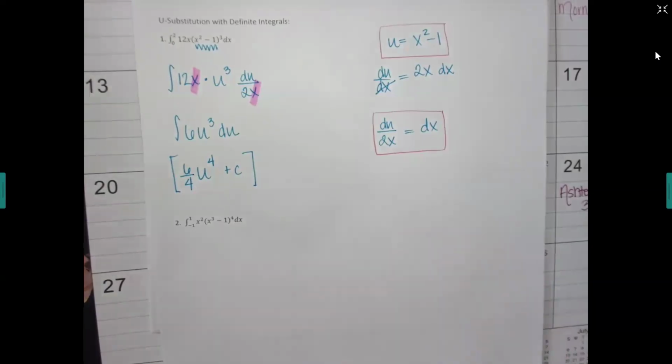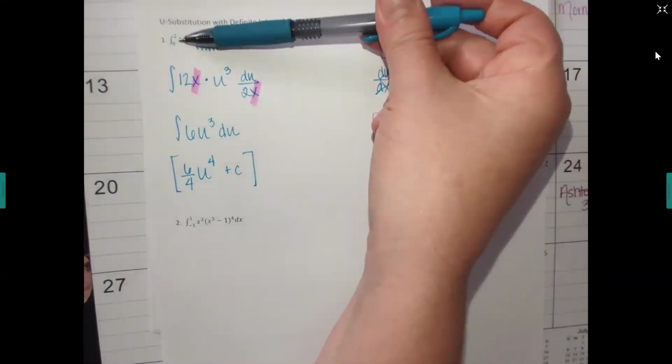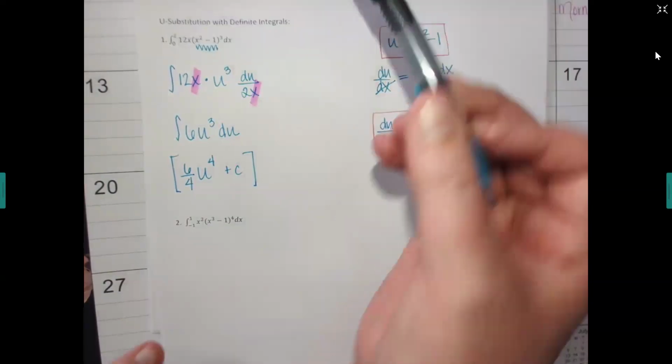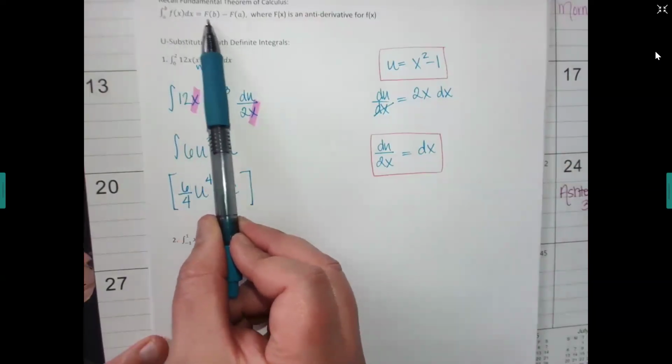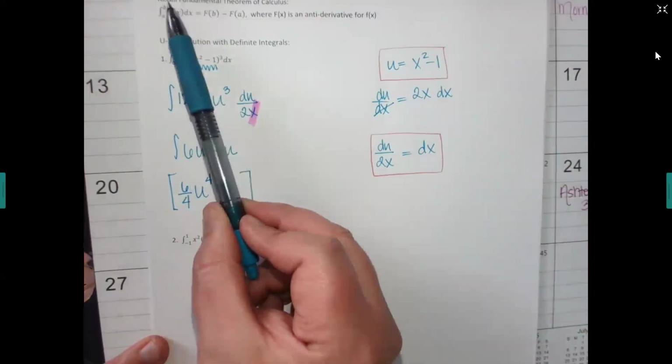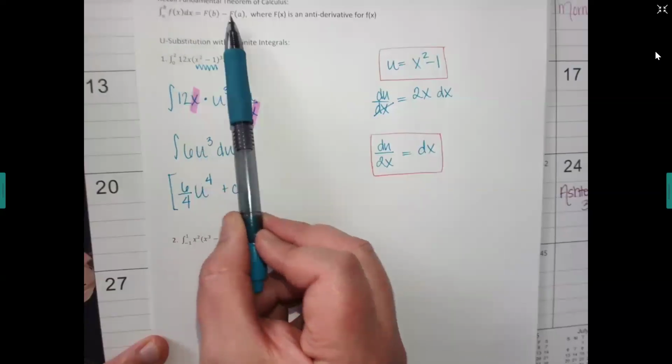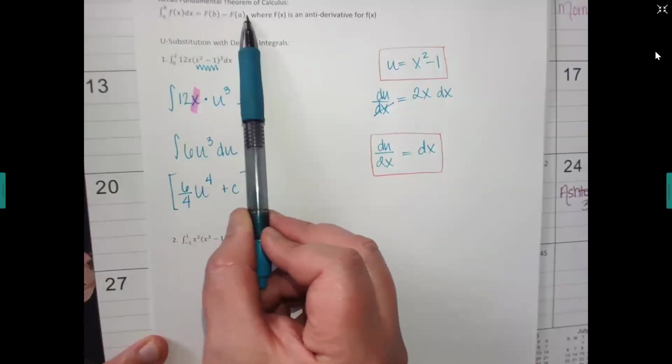Now, why do I have to put those brackets? Because what do I have on this integral that we didn't have on Monday? The endpoint. So let me remind you at the top of your paper, if you have an integral with numbers in these spots, you take the antiderivative, so little f goes to big F, then you plug in the top and the bottom numbers, and then you subtract them to get your final answer.